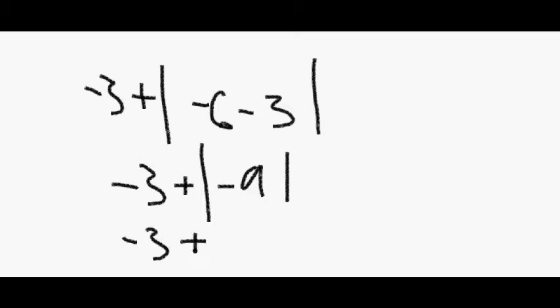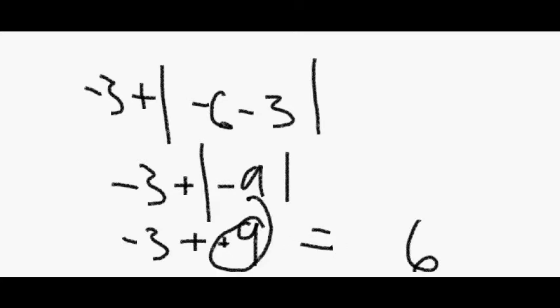Let's take off the absolute value. We have negative 3 plus that, and whatever's in the absolute value becomes positive, so that becomes a plus 9, okay? So negative 3 plus 9. We subtract and take the sign of the bigger number, so negative 3 plus 9 is 6, and the larger number is positive 9, so the answer is plus 6, or simply 6.